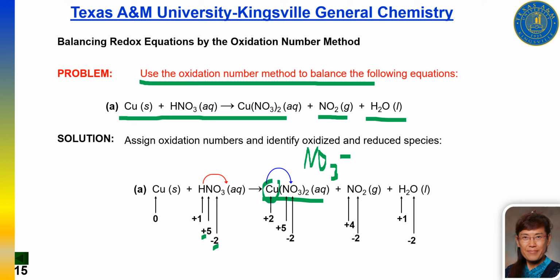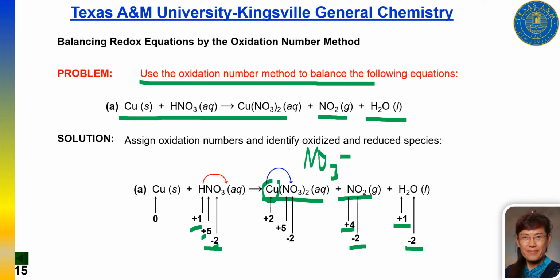Nitrogen positive 5, oxygen still negative 2. In your nitrogen dioxide, nitrogen has positive 4, oxygen negative 2. In your water, hydrogen is positive 1, oxygen negative 2. Meaning your hydrogen and oxygen did not undergo an oxidation number change.